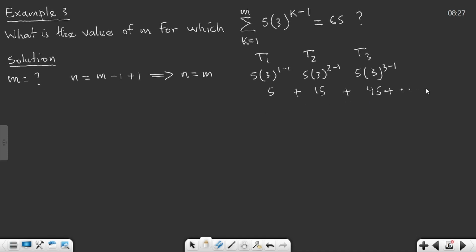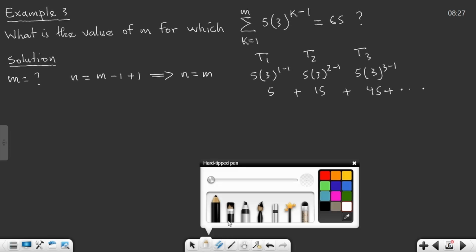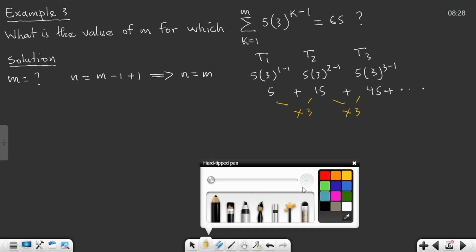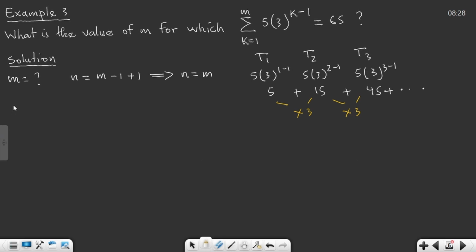So this is enough to decide which type of series this is. Can you see that this is a geometric series because there is multiplication by 3 to get the next term? So you can see that the value of R is equal to 3.